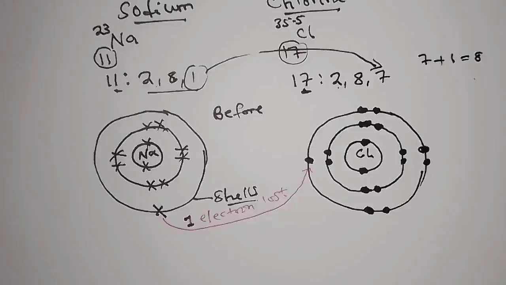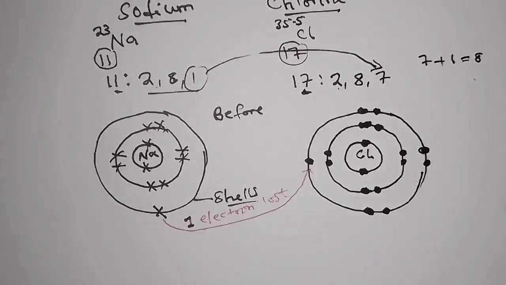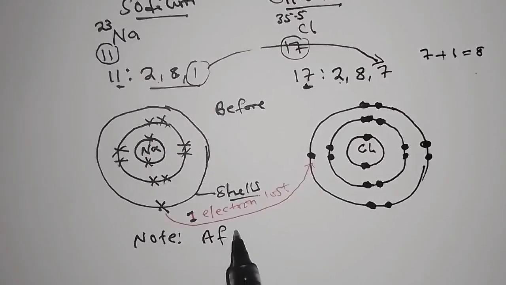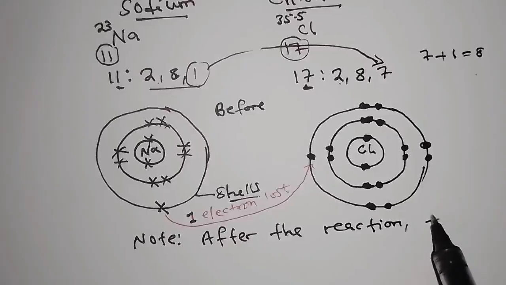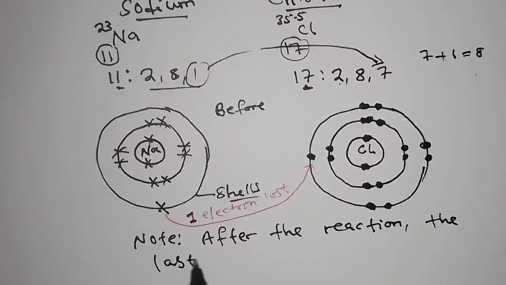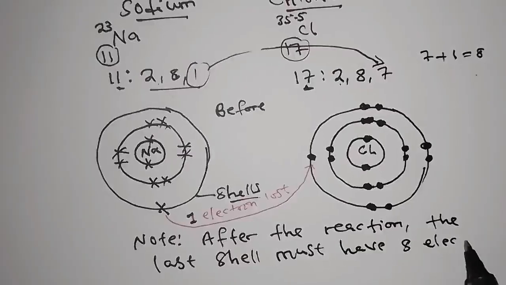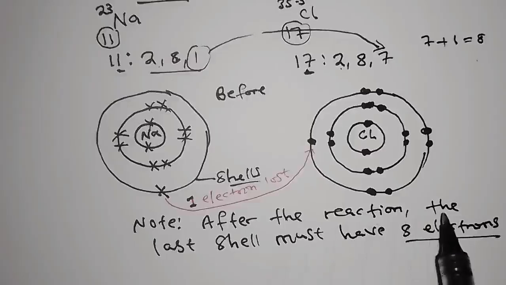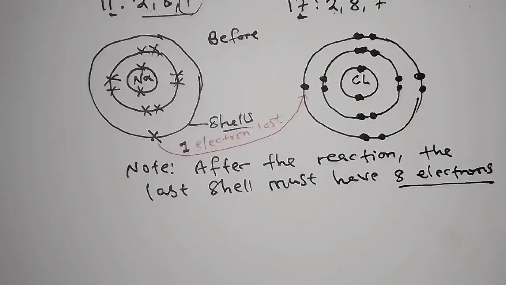According to the octet rule, after the reaction the last shell must contain 8 electrons, meaning they are now stable. Now let's see how that will come out.